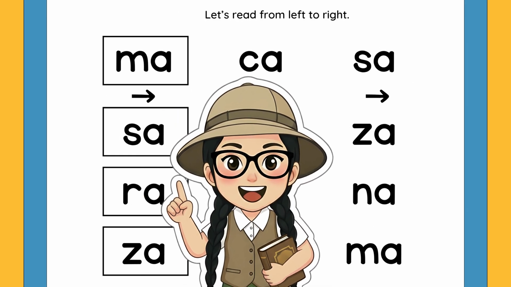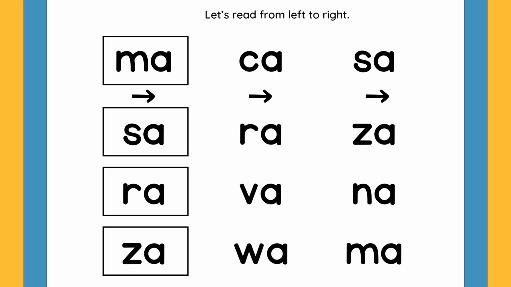Let's read from left to right. Ma. Ka. Sa. Sa. Ra. Za. Ra. Va. Na.